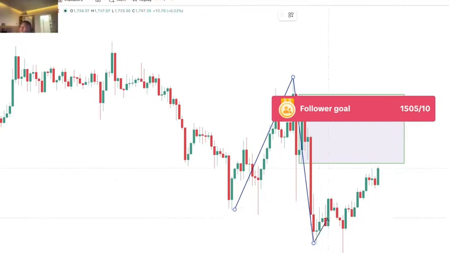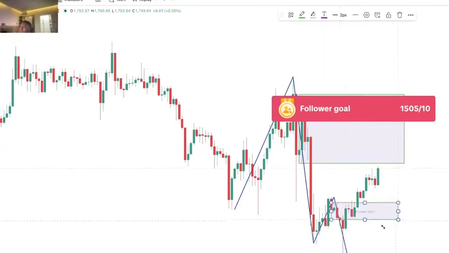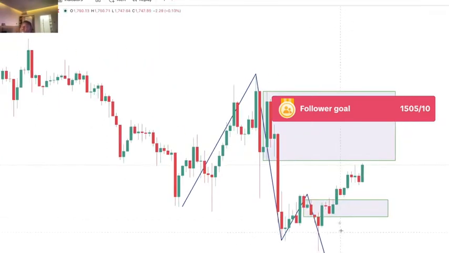And we have another structure on 15 minutes here, and we have another block that causes a break of structure in this 15 minutes. So mind you, this order block was because of this break of structure at this zone.